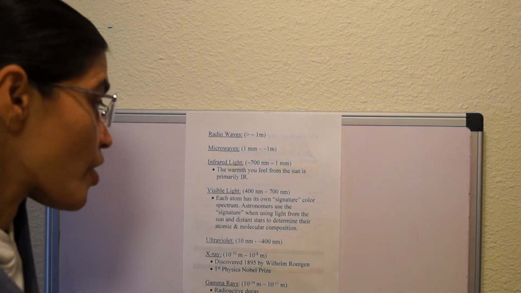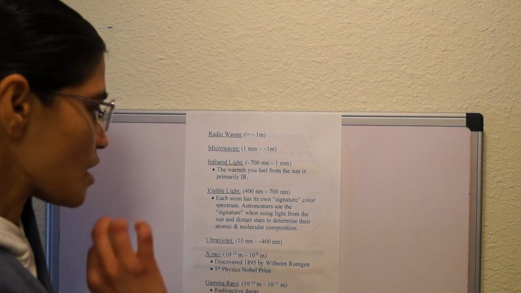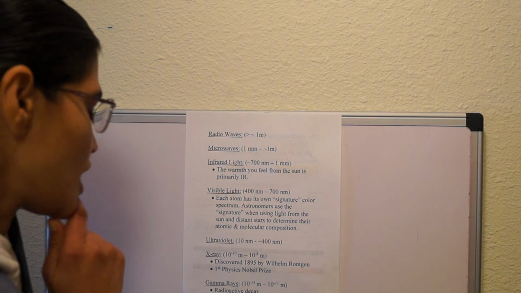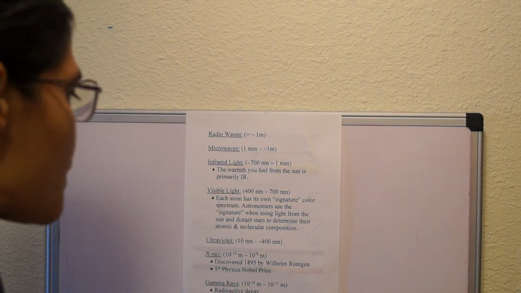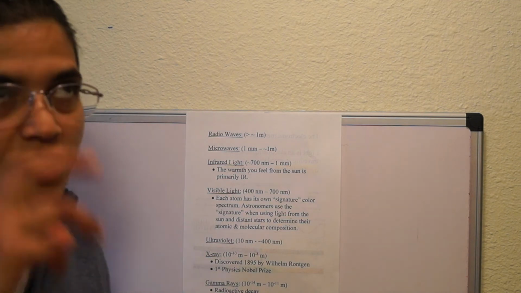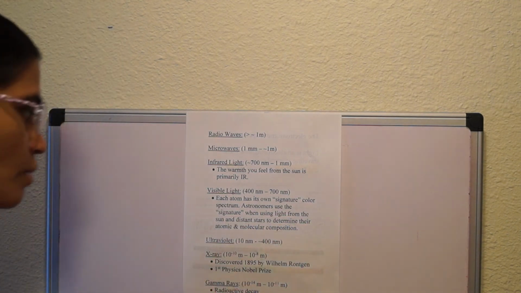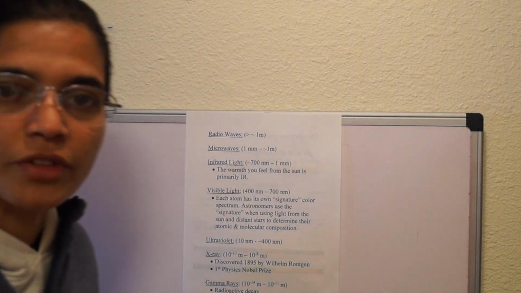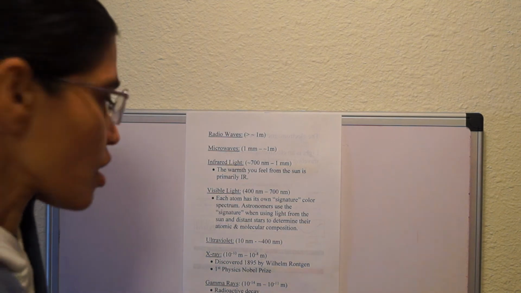Visible light is 400 to 700 nanometers. Each atom has its own signature color, so astronomers use this signature color to determine the atomic and molecular properties of distant stars and other cosmic bodies.